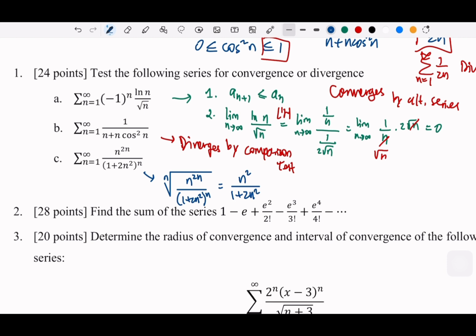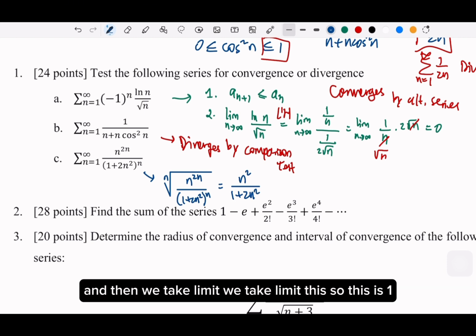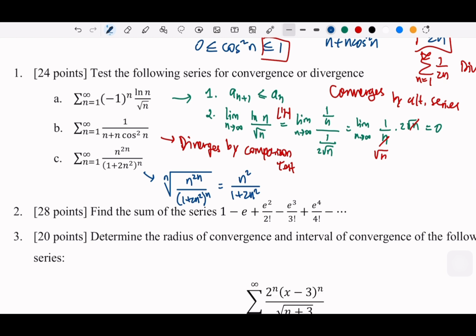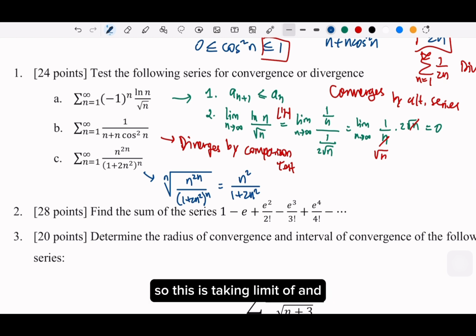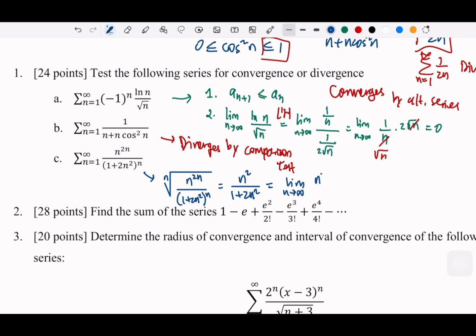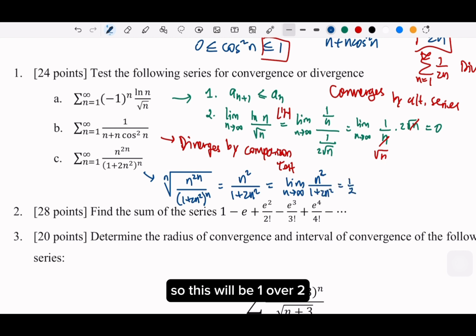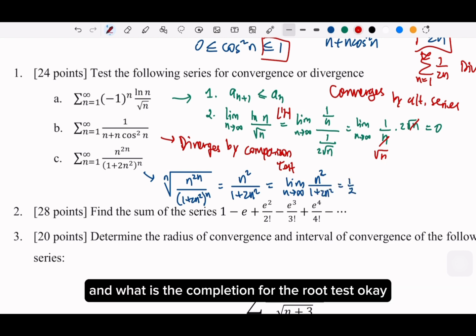Okay, and then we take the limit. We take the limit of this. So this is 1, this is 2, this is 0, right? So 1 over 2. So this is taking the limit as n goes to infinity, so this will be 1 over 2. And what is the conclusion for the root test?